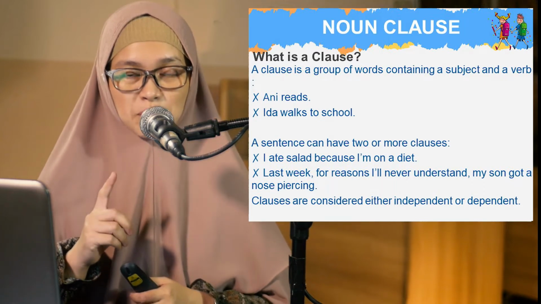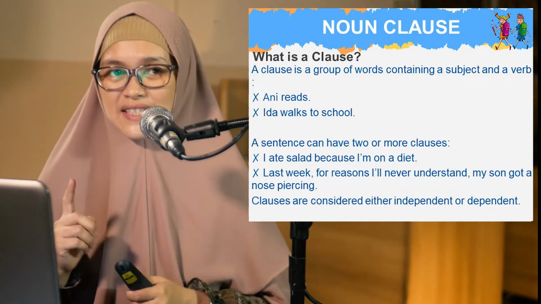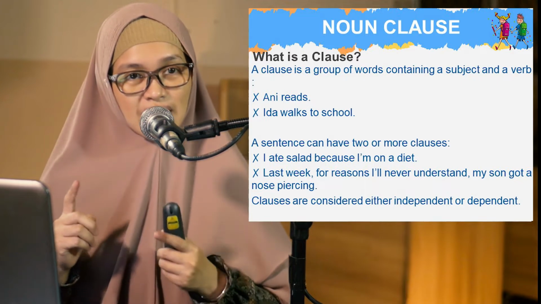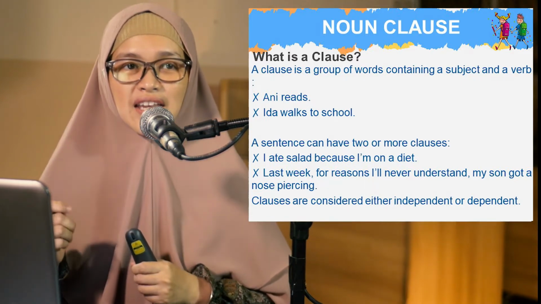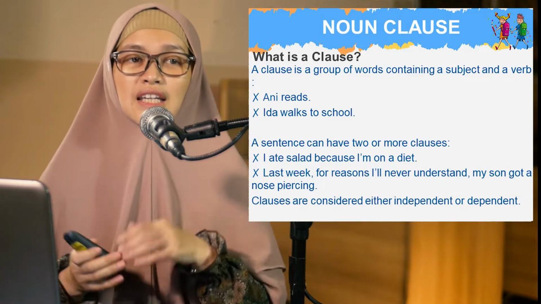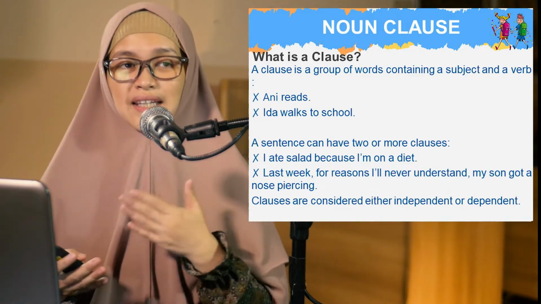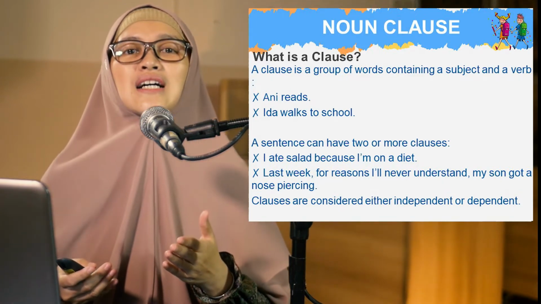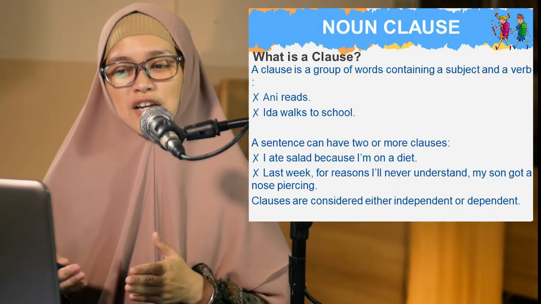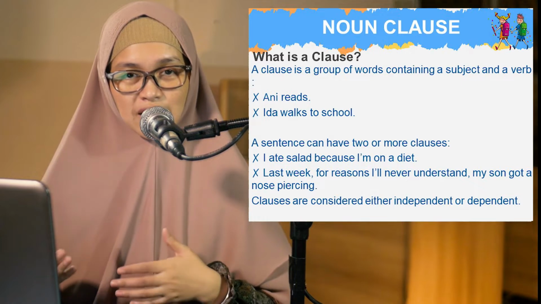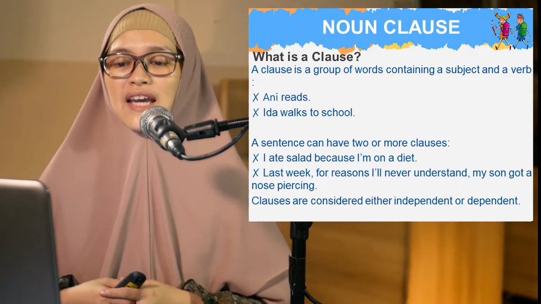For example, Ani reads. This is a clause. Ani is a subject and reads is a verb. Ida walks to school. Ida itself is a subject, right? And then walks is a verb, and to school is a complement.